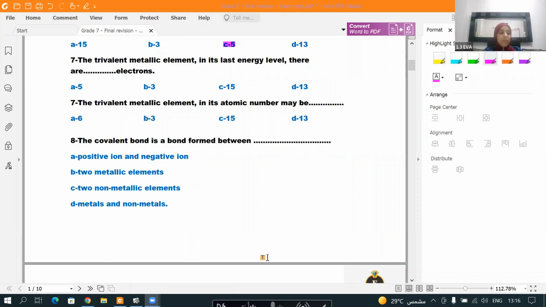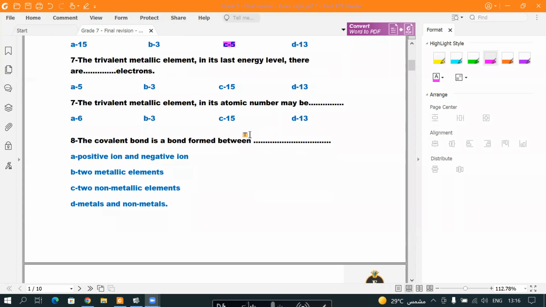The trivalent metallic element, in its last energy level, there are how many electrons? We just answered this question. Trivalent metallic element, so how many electrons?